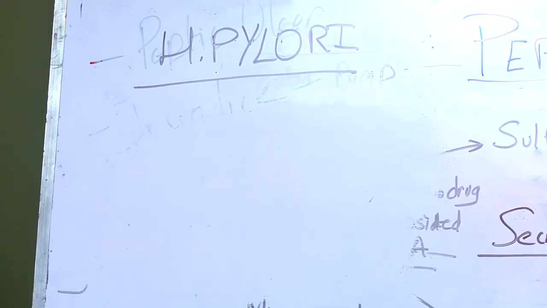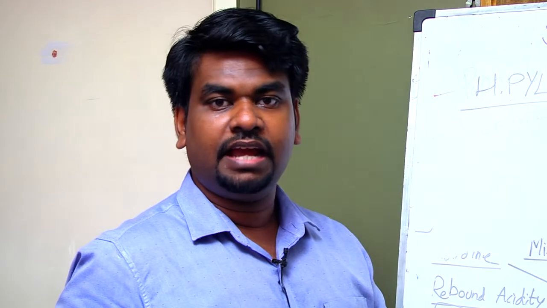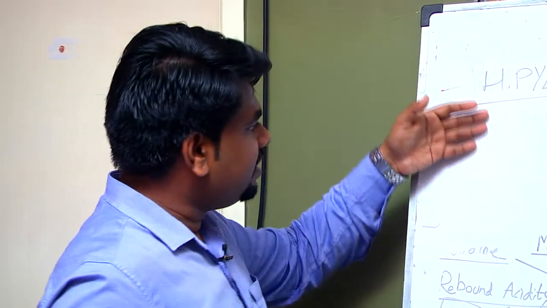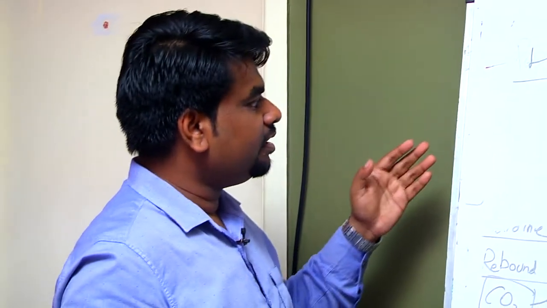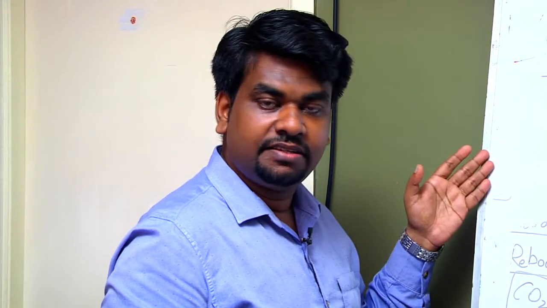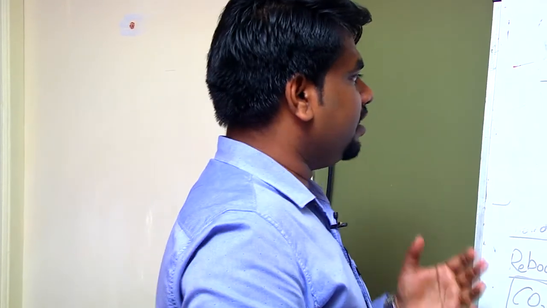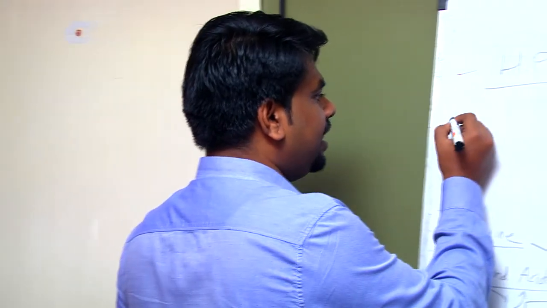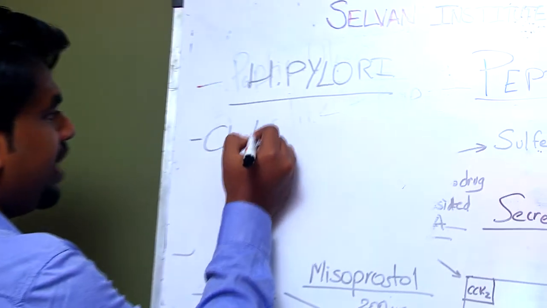This can't be treated with our traditional drugs, which are your PPIs or your H2 blockers or even the prostaglandin analogs, because the HCl has dwelled deep and importantly you need to kill the organism as a whole. So what are the drugs which we can use here? Clarithromycin.